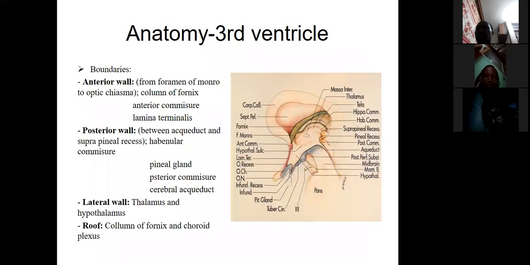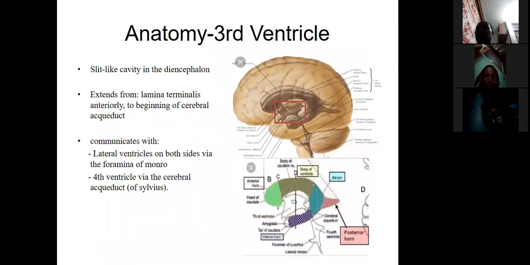Okay, so directly into the third ventricle, this slit-like cavity in the diencephalon, as represented here. From the lateral view it looks a little larger, but from an anterior view it is really a slit-like cavity.